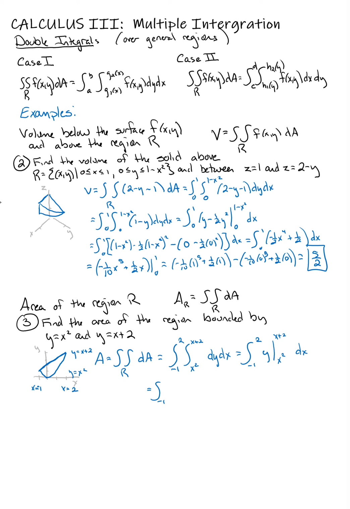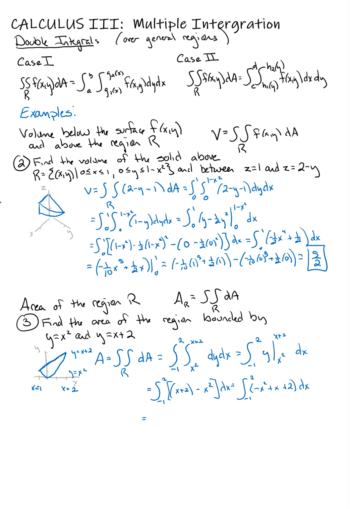So evaluating that, we have x plus 2 minus x squared. I can clean this up just a wee bit. I'm going to write this in descending order: negative x squared plus x plus 2. And now we simply integrate with respect to x. Love this, this makes it so much simpler.